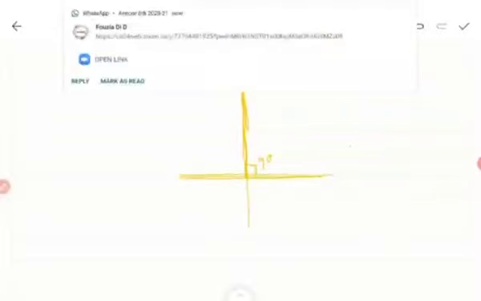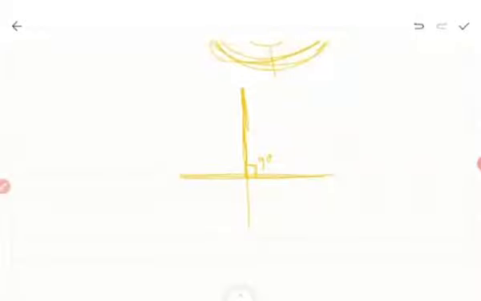This line which is passing is cutting the other line exactly at 90 degrees, so you call this a perpendicular line. Okay, remember, if I already have a line like this or a line segment like this, and some line is coming and cutting it exactly at 90 degrees, you call this a perpendicular line. Okay, so this kind you call perpendicular.